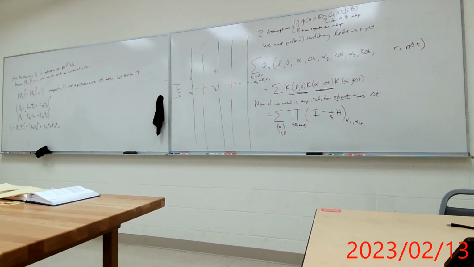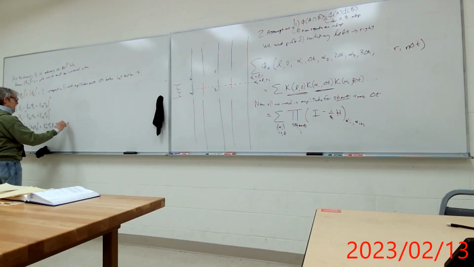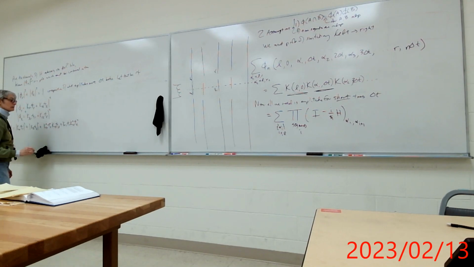And on the one cross term I have these guys, and on the other cross term I have the other guys. So KRR psi R KRL star psi L star. Everybody sort of okay?